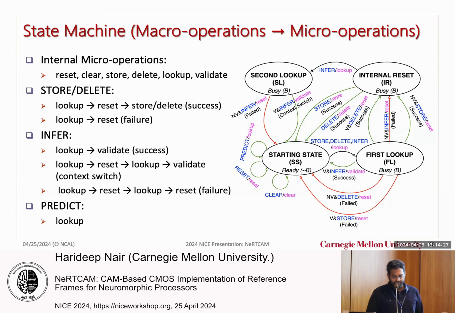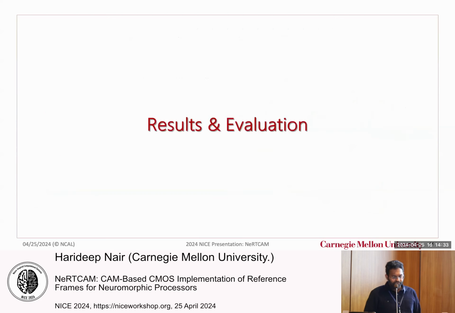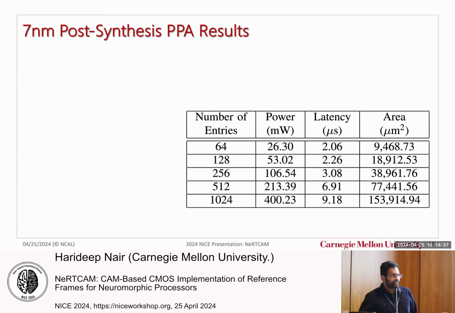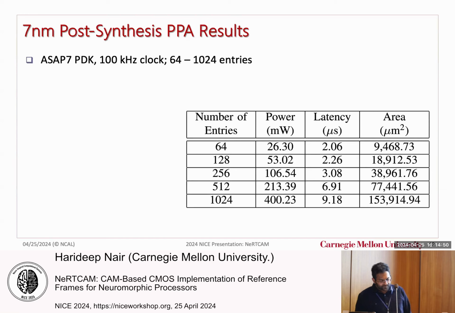And predict is pretty simple because you can look up and get the match that's closest to the lookup that you're performing. And so what we've done is we've implemented all these components in RTL. And currently, as our first baseline implementation, we are modeling or emulating the storage using flip-flops. And so we are using the ASAP7 open source 7 nanometer PDK for our post-synthesis results.